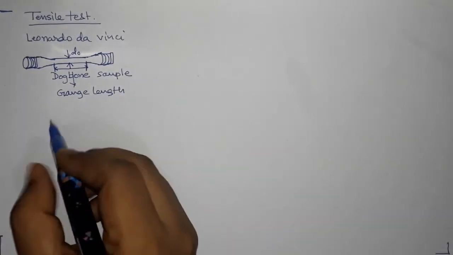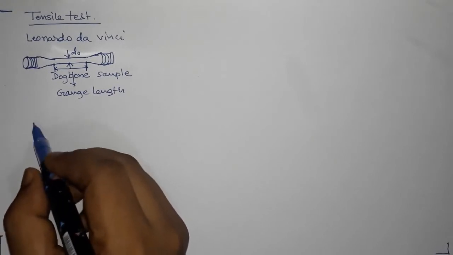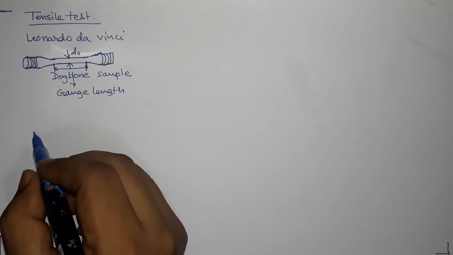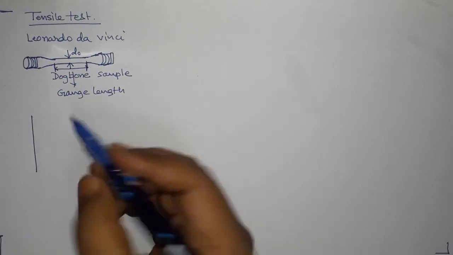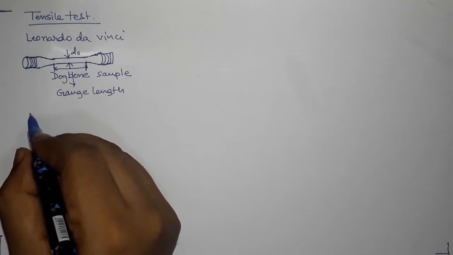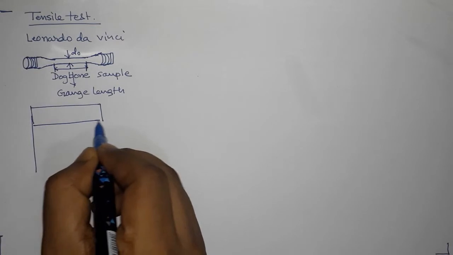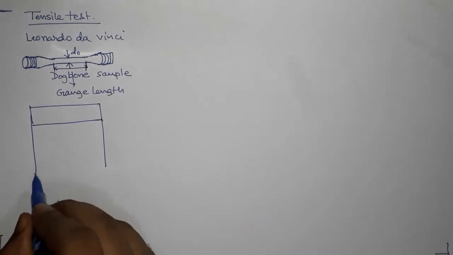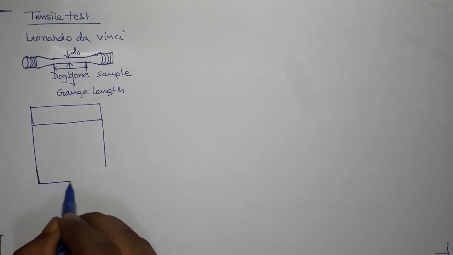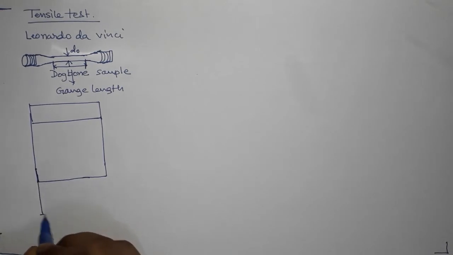So what we do is we fix this in the testing machine, and there are different types of testing machine. So you will have two columns, and there will be the upper frame, and I'm just drawing the schematic, right? And the lower end can be fixed on the frame.